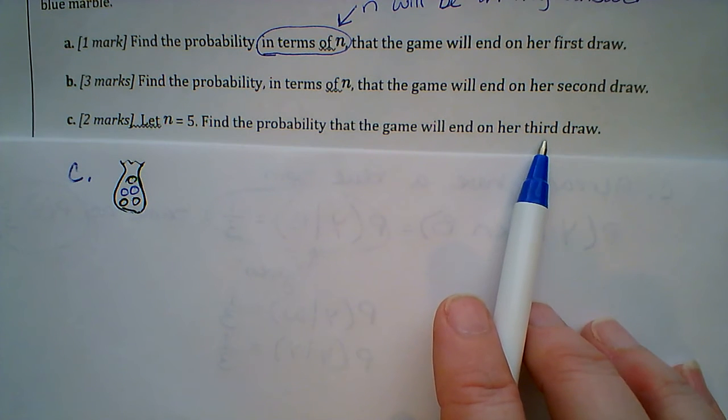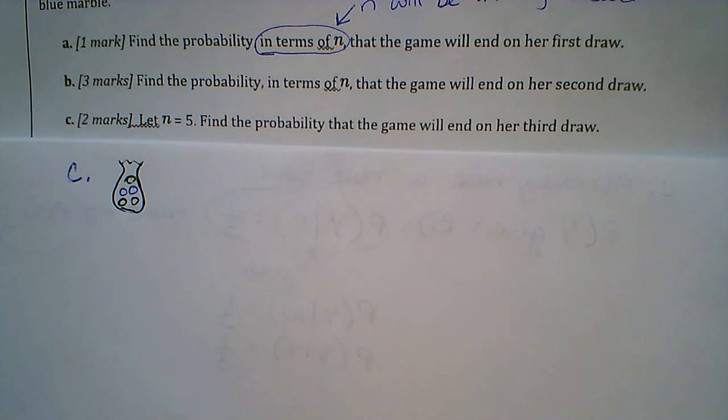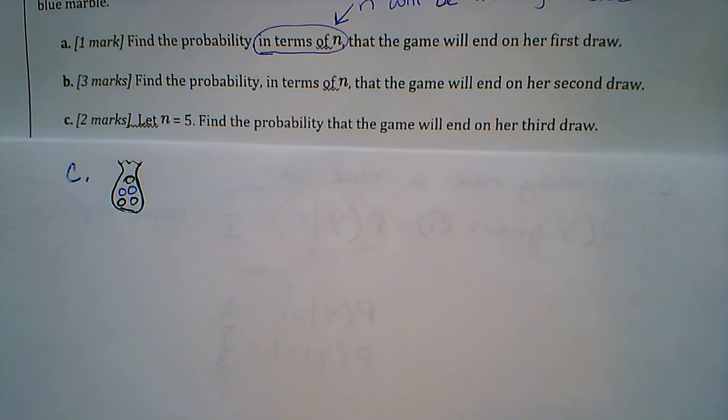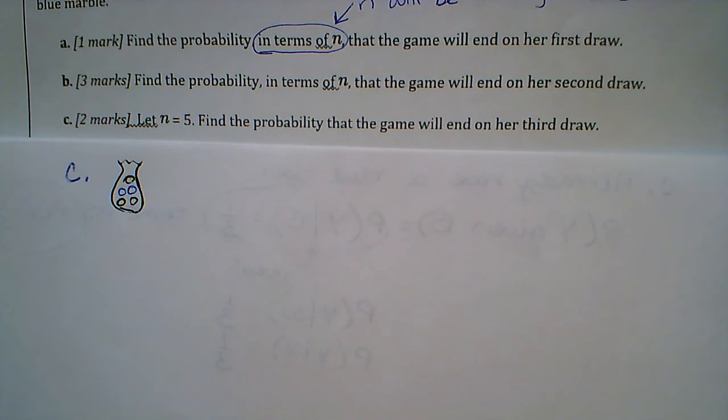Okay, so in the previous problems, we set up tree diagrams for 2 throws. Now I've got a 3rd throw to think about. I'm going to use tree diagrams to organize this. There are different ways that you can think about this. It turns out you don't have to do tree diagrams.